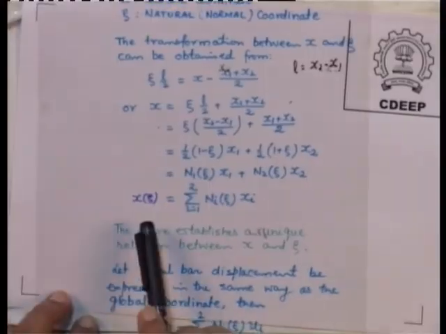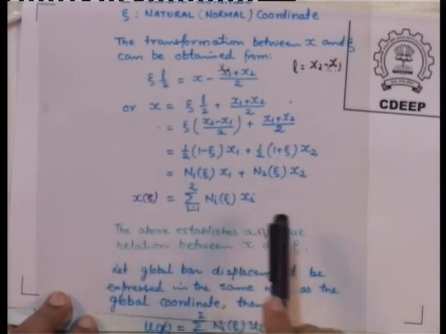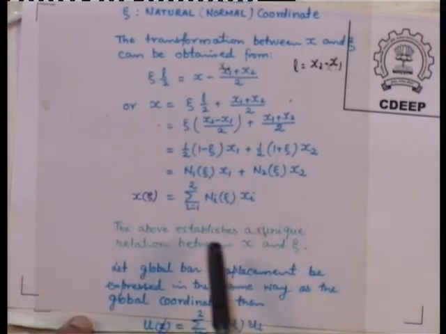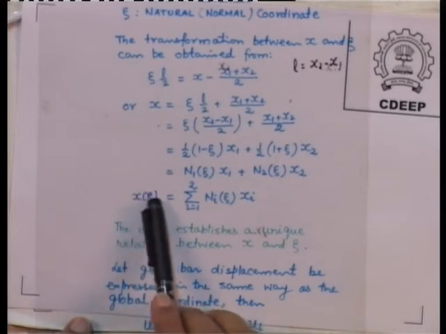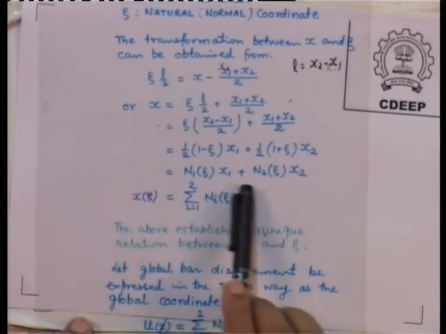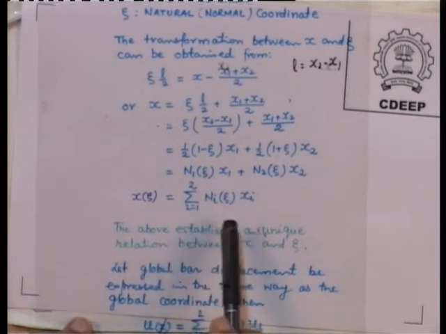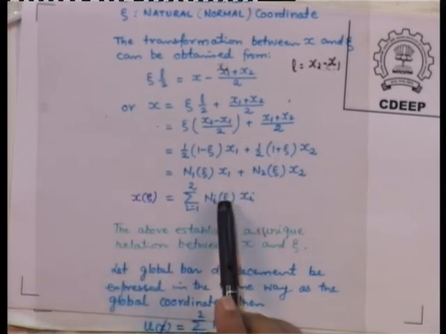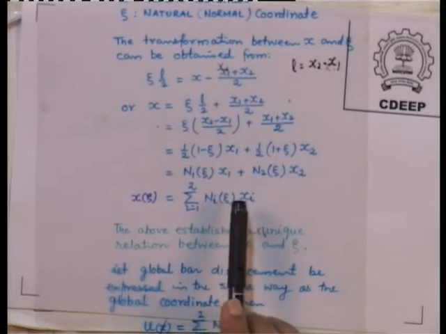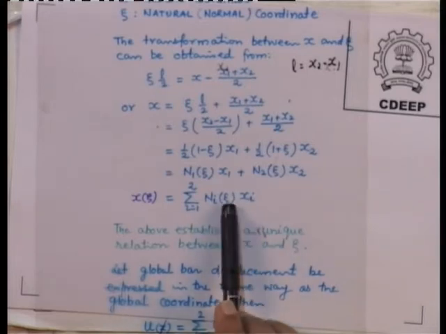So x on the left-hand side, and so we were here. This is a very important formula that defines the geometry of the element in terms of nodal values and shape functions which are defined locally.